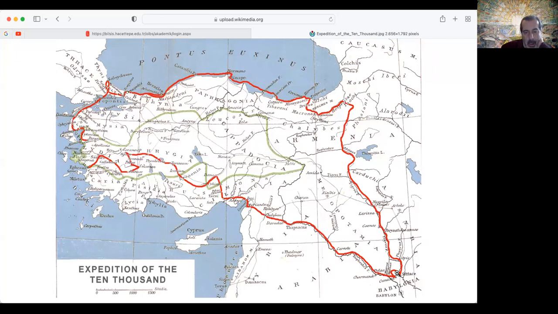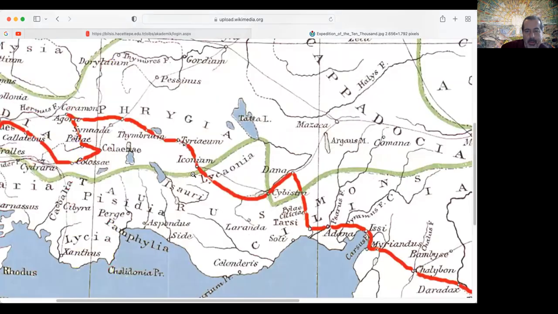And of course, some of the military commanders of the 10,000 actually betrayed the rest of the army, and they wanted to go back, and they followed this road from eastern Anatolia to here, the Black Sea region, and then finally they ended up in Pergamum. So this is a very interesting journey.